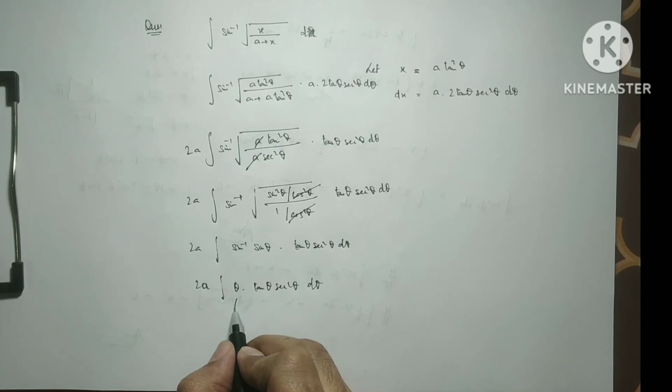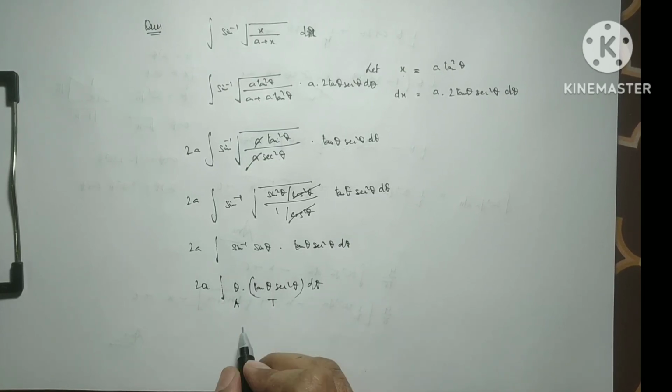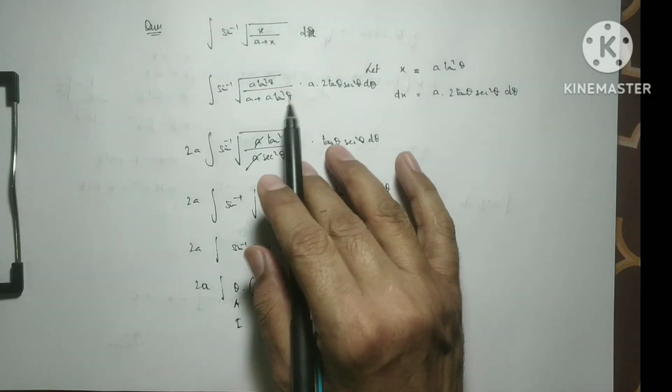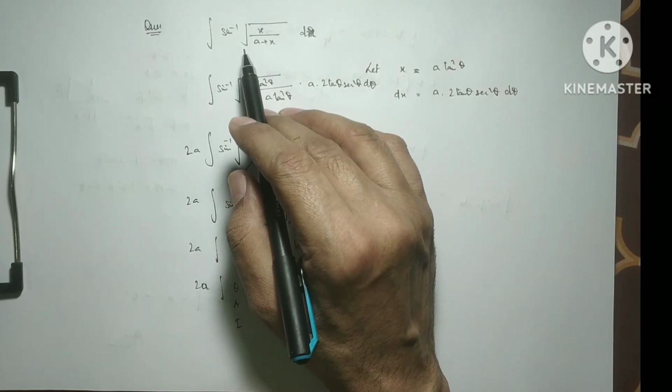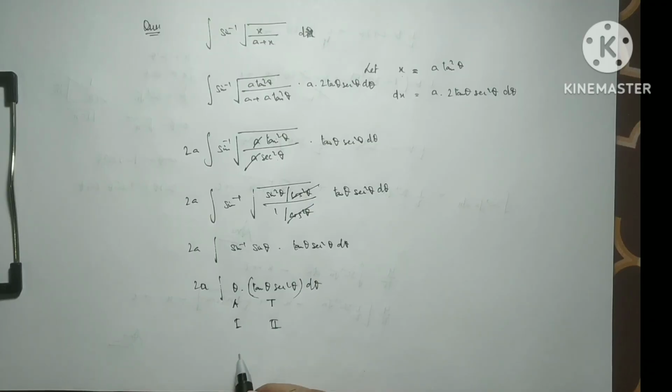So this is an algebraic function, this is a trigonometric function. So it is first and this one is second. Right now, by substitution, we convert this modified function into a standard function. Now we can use by parts.